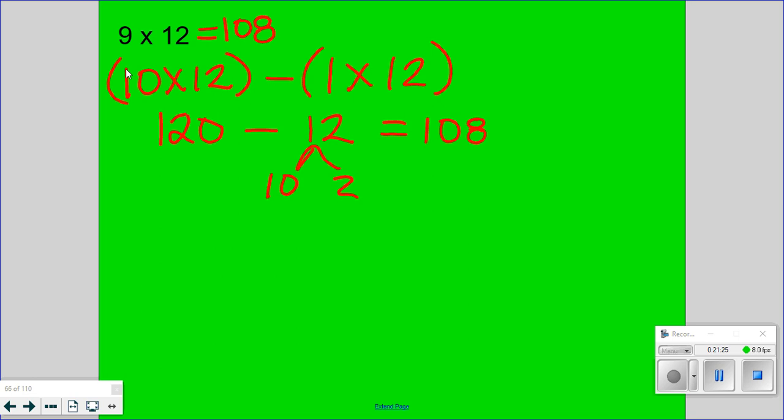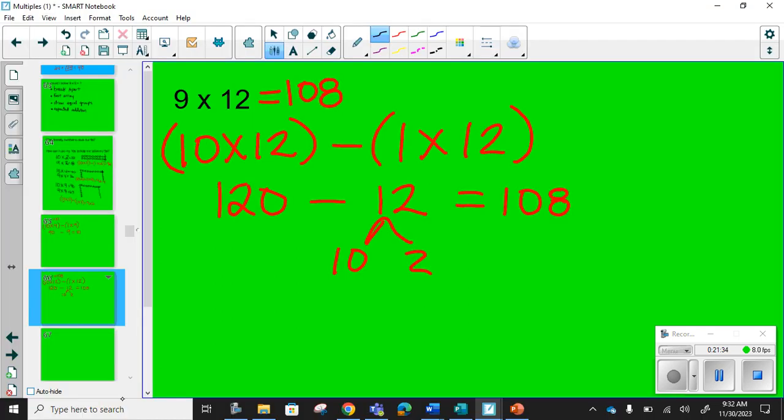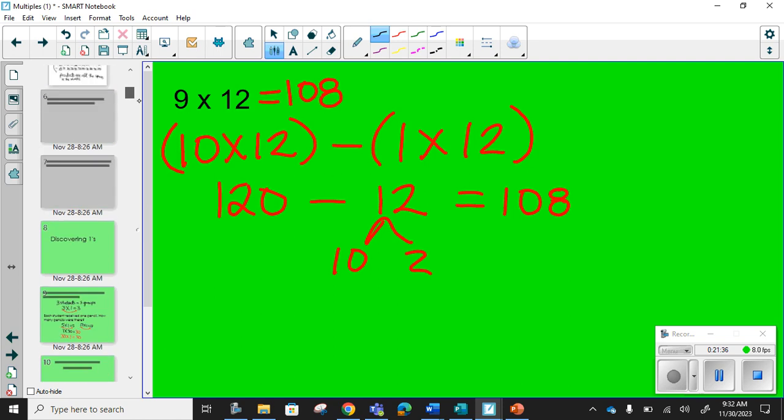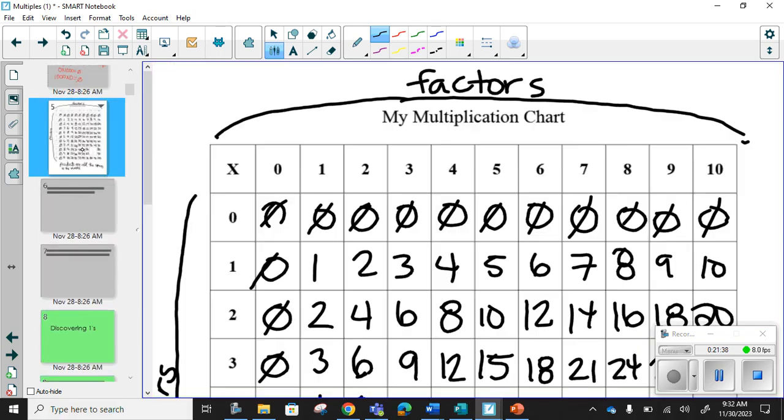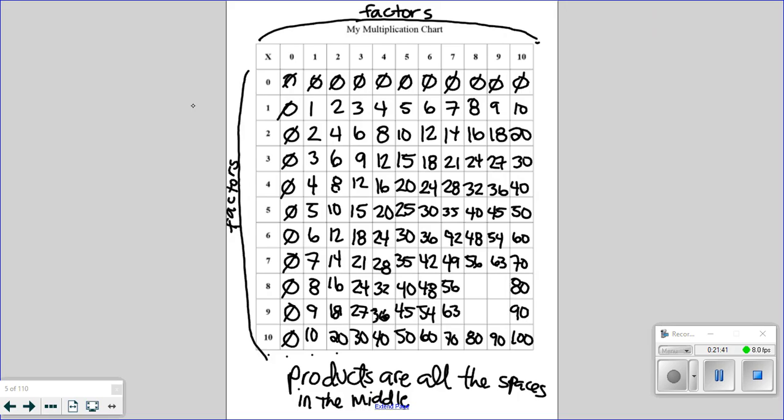Take away 1 group of 8. 72. Let's go to our mini multiplication chart. Let's fill it out. Find it in your notebook.